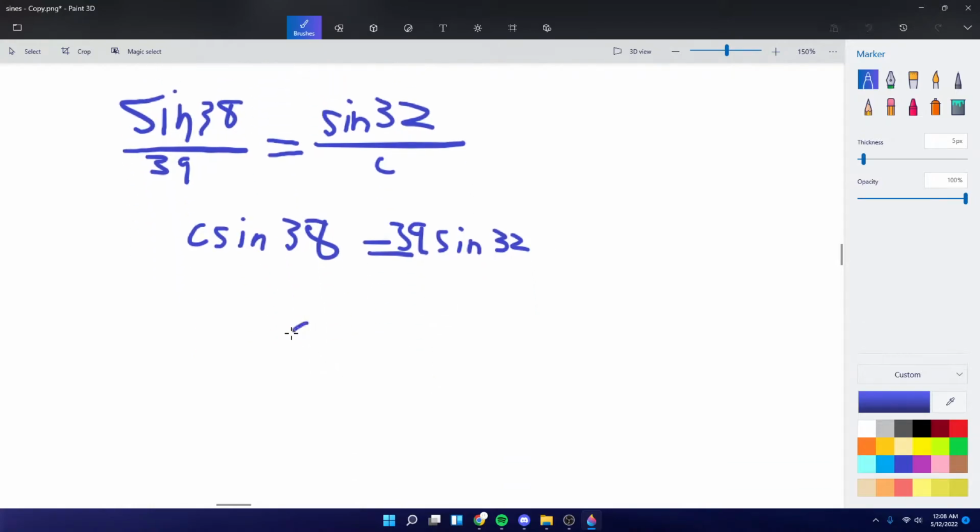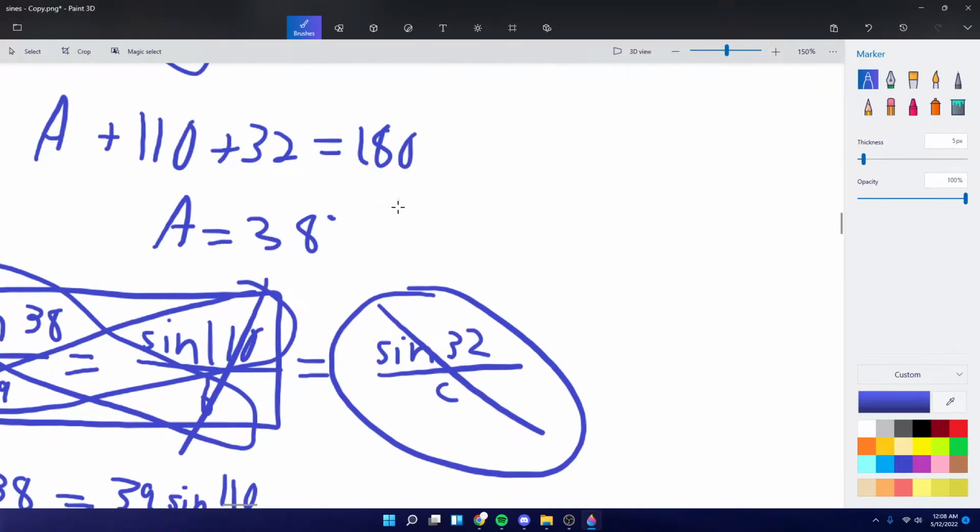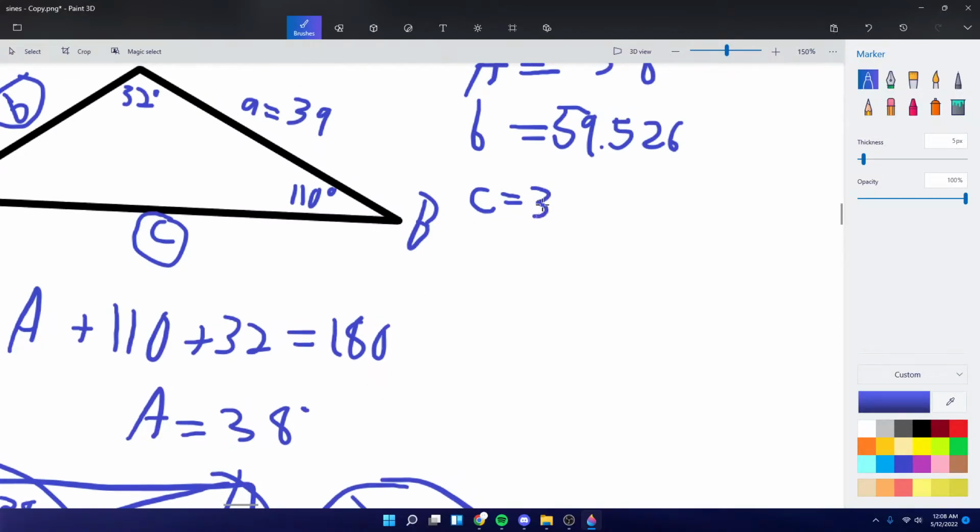And then C will be equal to, solve this, 33.569. That is the answer. We solved all the parts of the triangle.